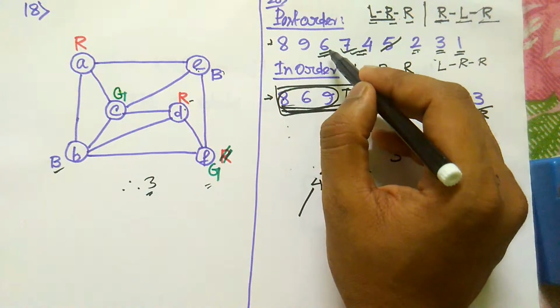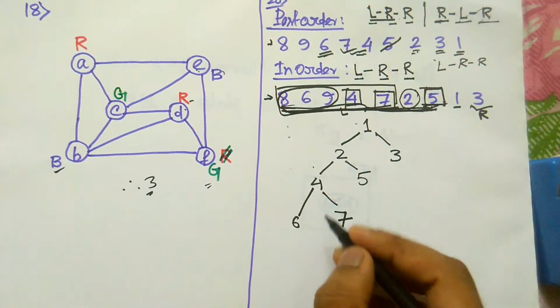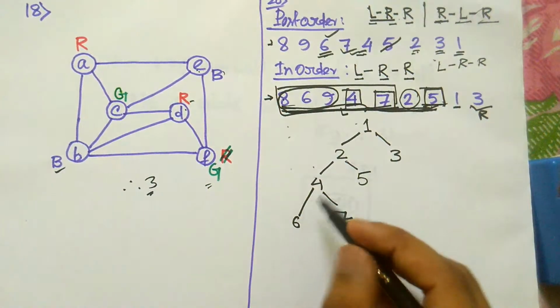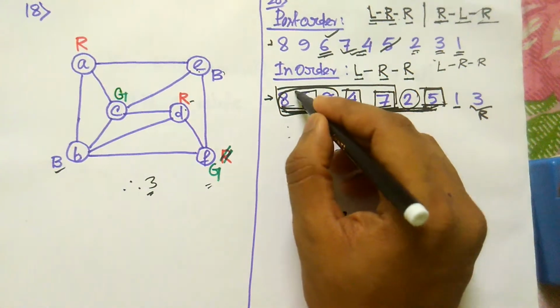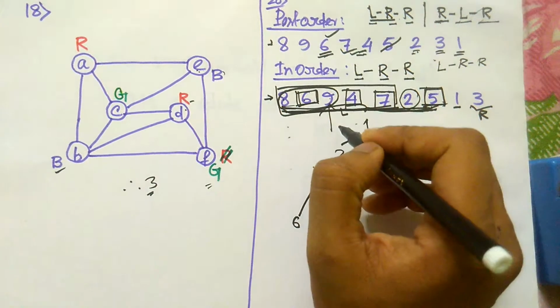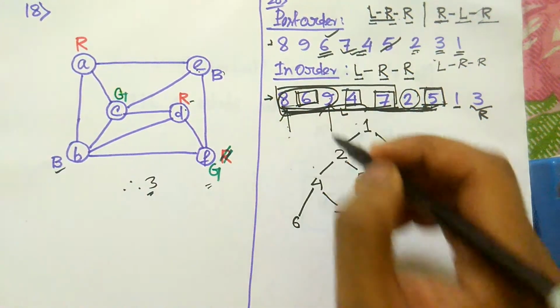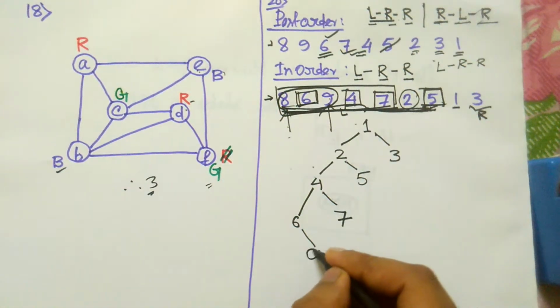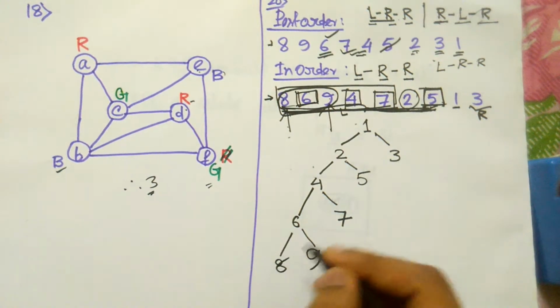So 6 will be here, and if we take 6 here, this will be the right and this will be the left. So 9 will be here and 8 will be here.